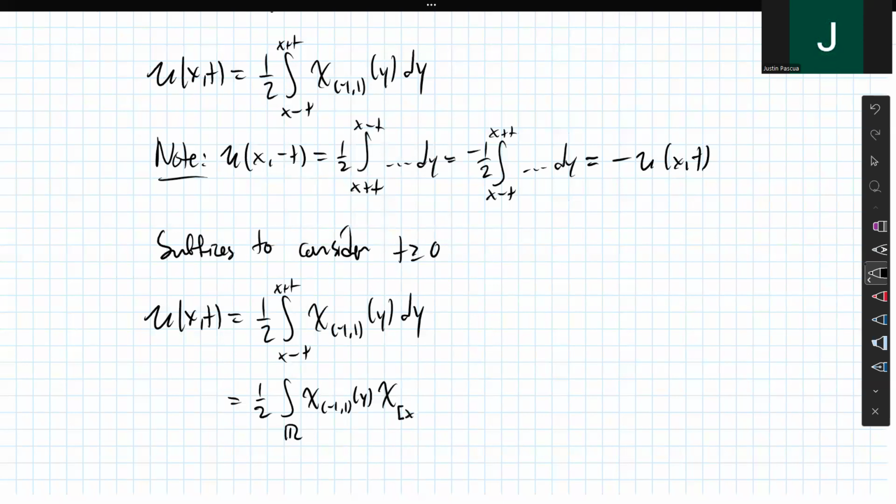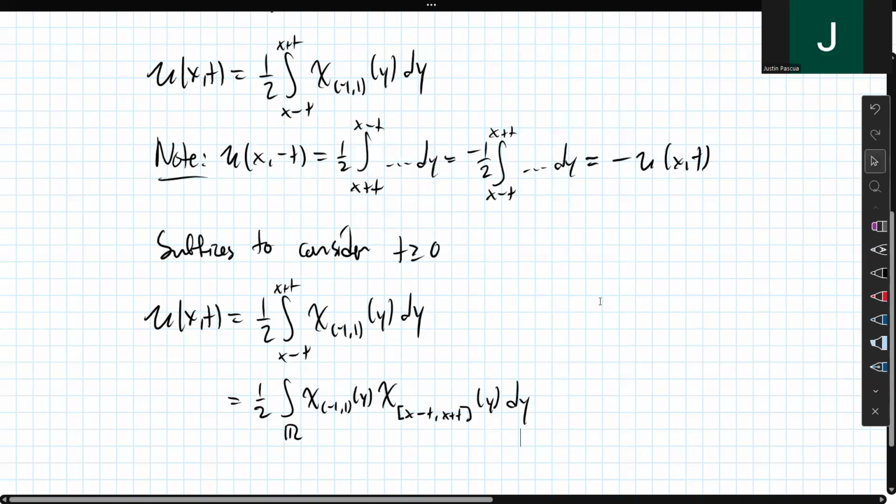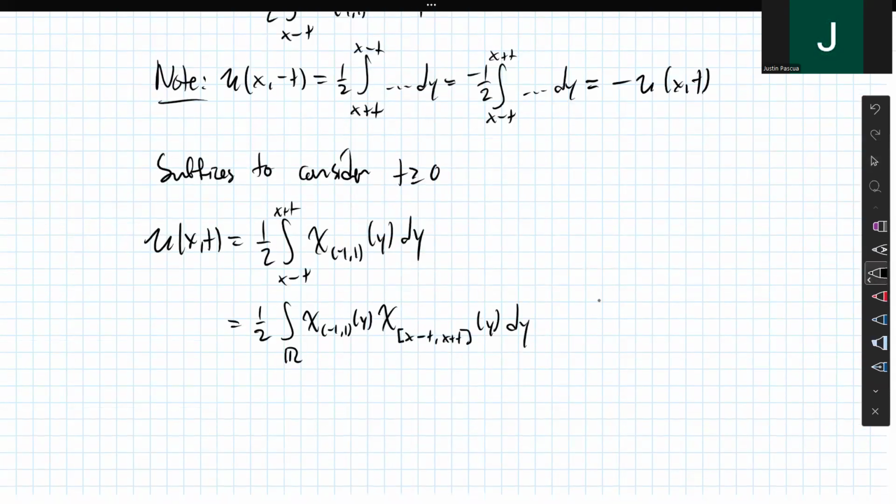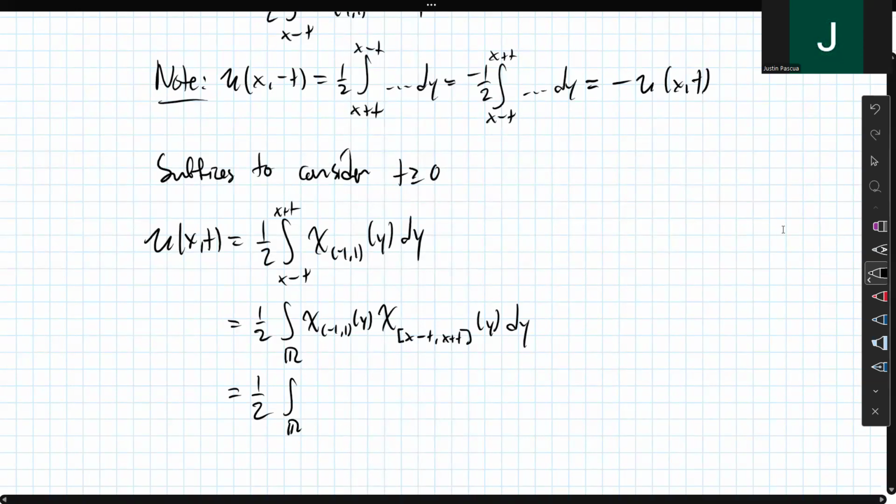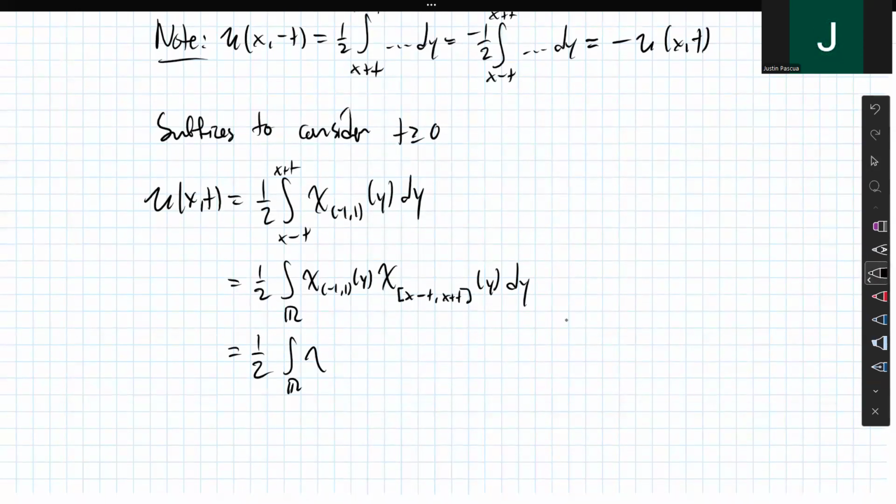So characteristic function on the interval from x minus t to x plus t. Right, because inside this interval, this is exactly equal to the first integrand. And outside of this interval, this is just 0. So the good thing about this representation is, when you have two characteristic functions multiplying one another, this is just equal to the characteristic function on the intersection of the two supports, right?